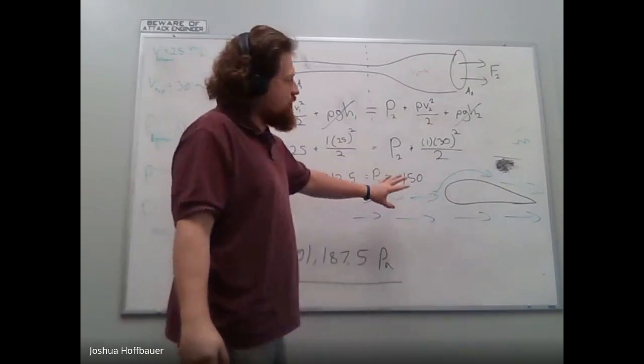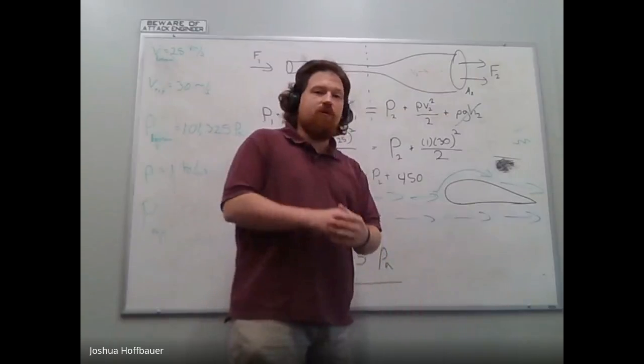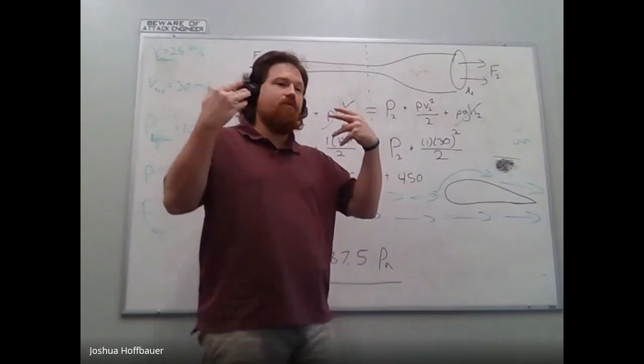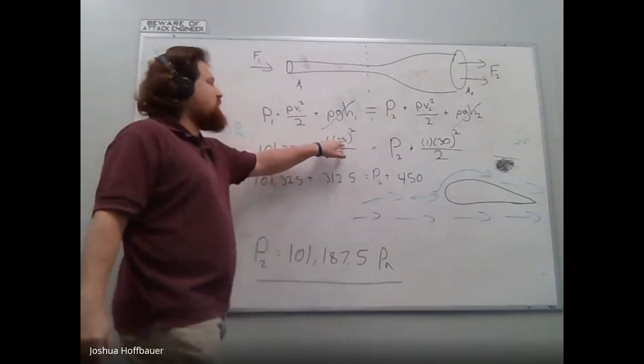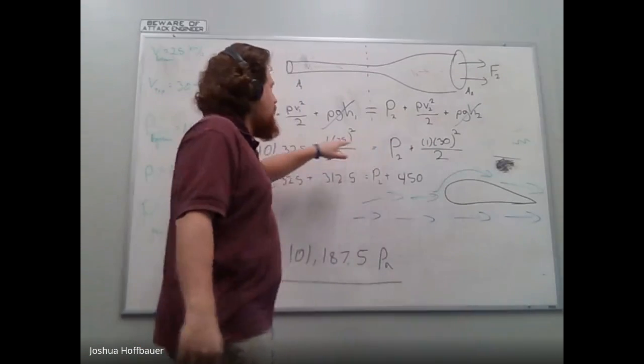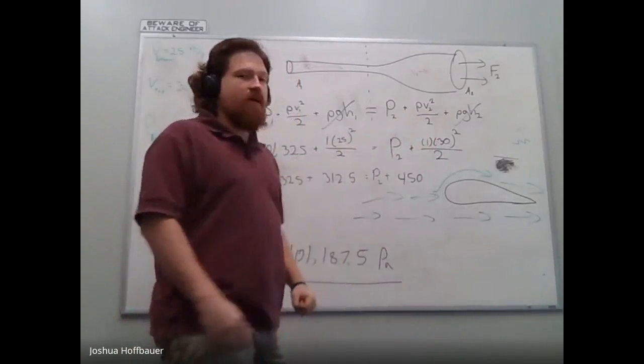This pressure difference is caused by the principles we noted before, because it's the difference in velocity from the top and bottom of the wing that creates this change.